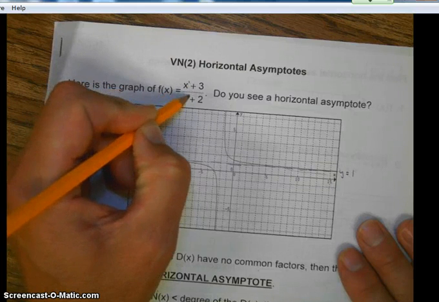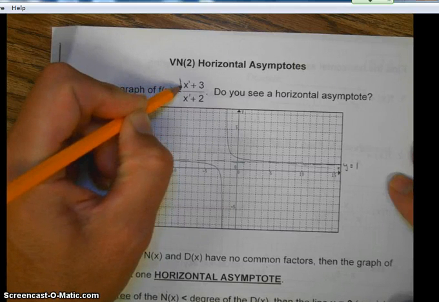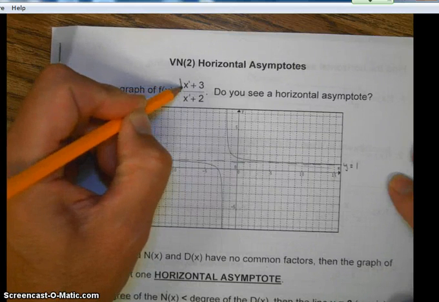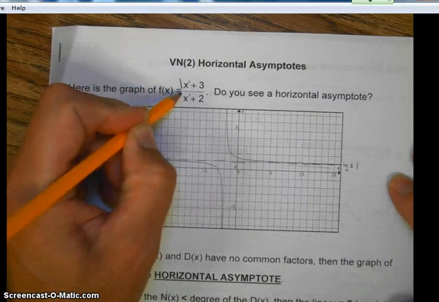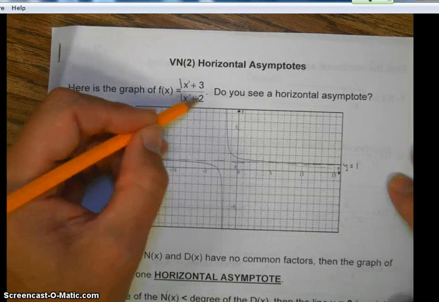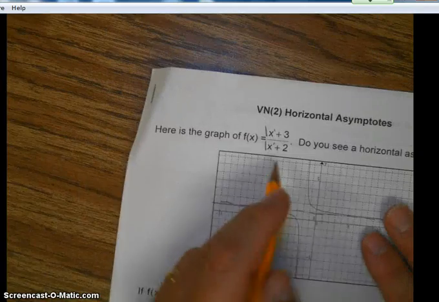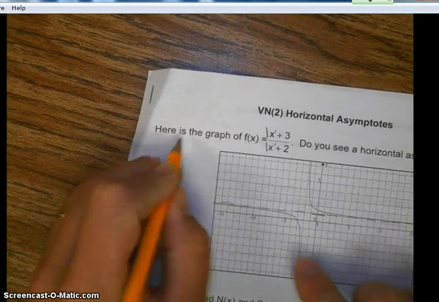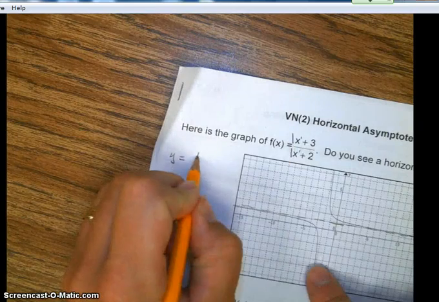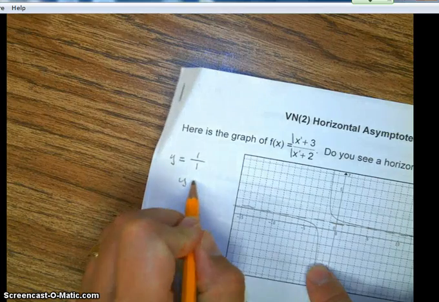So we use the coefficient of the highest powered variable in the numerator, which is 1, and the coefficient of the highest powered variable in the denominator, so 1 over 1. So the equation for the horizontal asymptote is y equals coefficient over coefficient, or y equals 1.